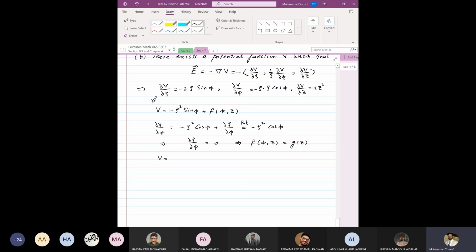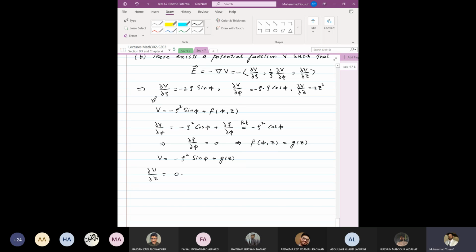So with this, we get V equal to negative rho squared sine phi plus g of z. Now we take the derivative of this with respect to z.